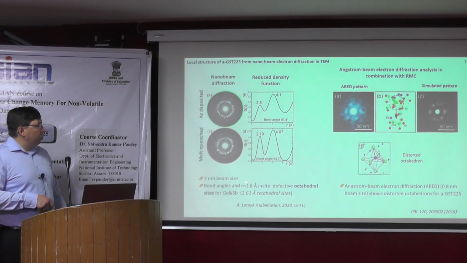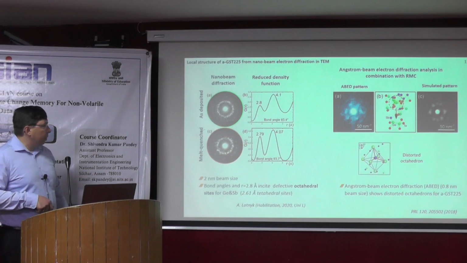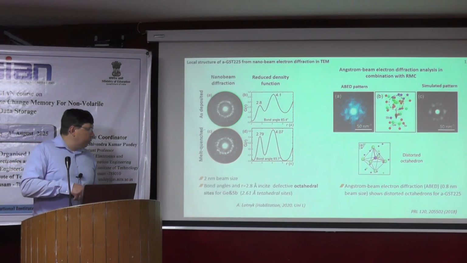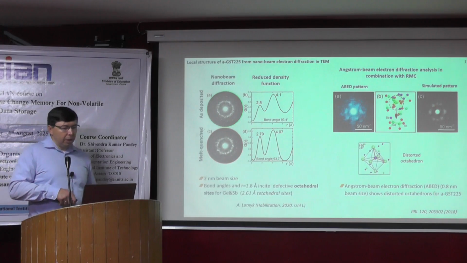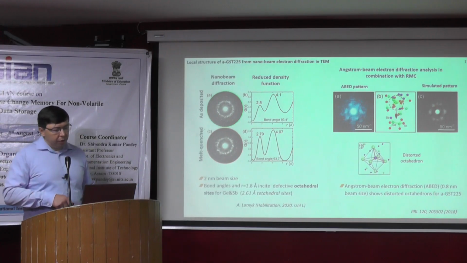This shows the defective octahedral site of germanium and antimony in the amorphous material, but we did not observe the 2.61 distance, which belongs to the tetrahedral site found by XRS.